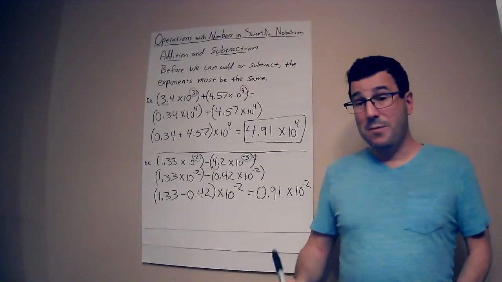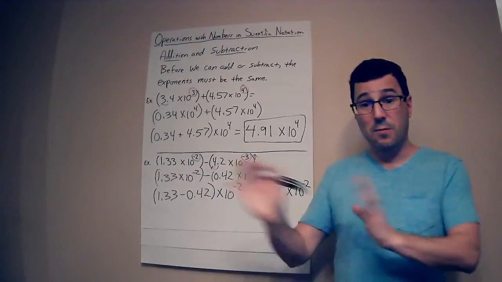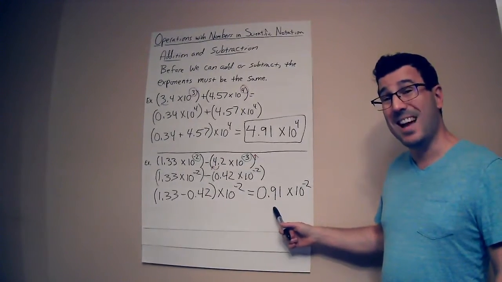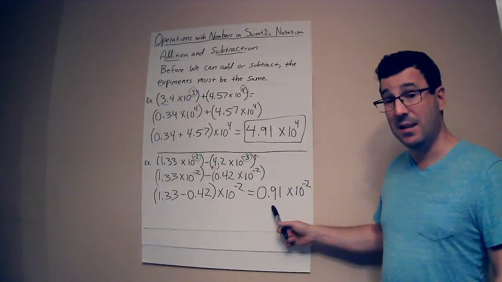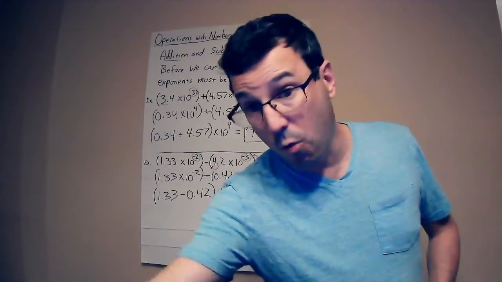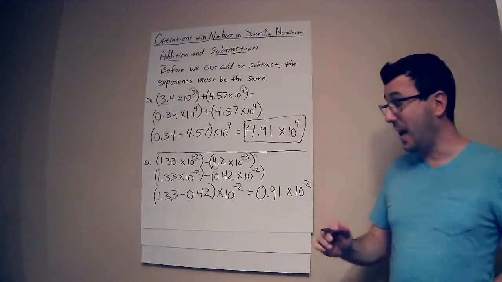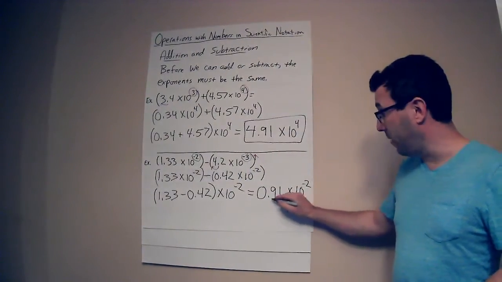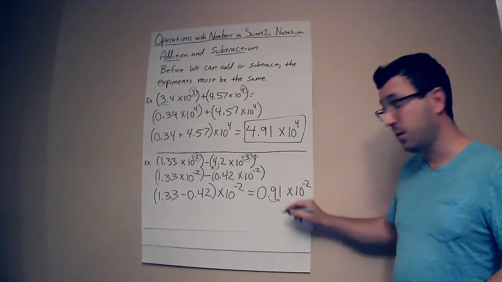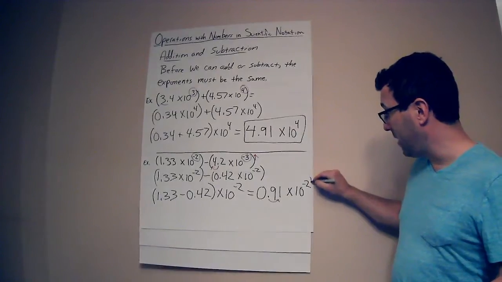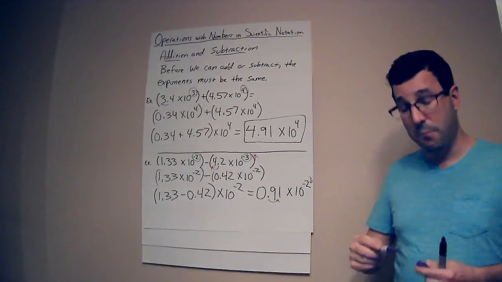And so if I'm not paying attention, I might be like, good, I'm done, I can move on. The problem is, because our leading factor is not a number between 1 and 10, this is not scientific notation. So in order for us to now have this actually be in scientific notation, I have to make this bigger. So this has to increase by a factor of 10, which means that this now has to decrease by a factor of 10.